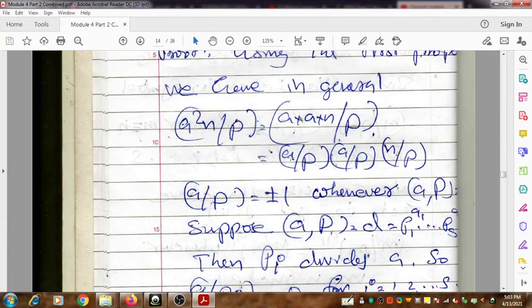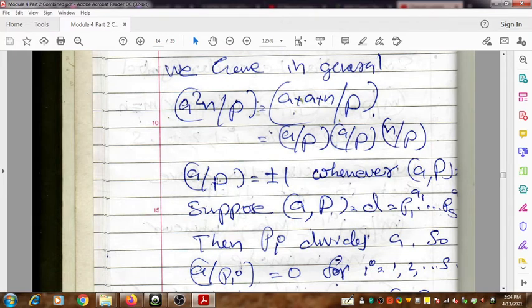Applying that property, we can write (a/p)(a/p)(n/p). Then you also know that (a/p) equals either plus 1 or minus 1, considering any number a.